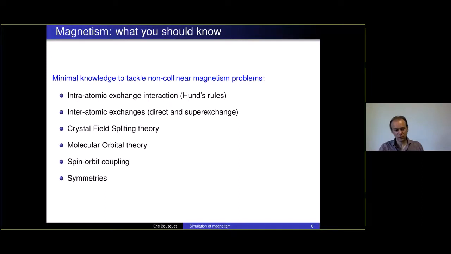And when trying to do exactly the same quantum mechanical calculation of the interaction between electrons, but between atoms, it's like if you take the hydrogen molecule, so we approach two hydrogen atoms, and you solve that quantum mechanically, you find that the magnetic ground state of this atom interaction is actually antiferromagnetic. So you do the same calculation, and it means that the direct interaction between the atoms is antiferromagnetic. So within the atom it is ferromagnetic, between the atoms it is antiferromagnetic.